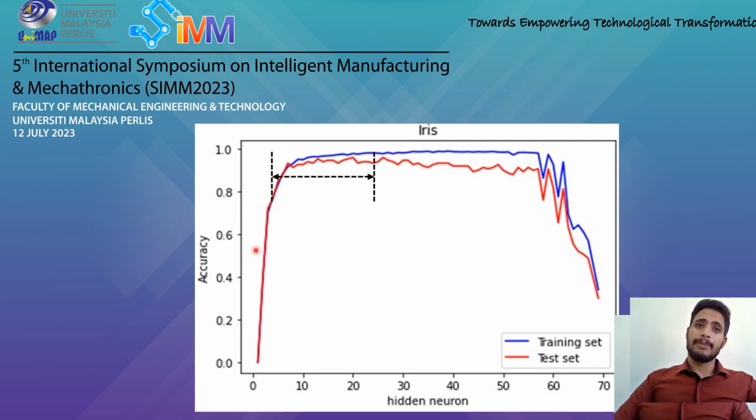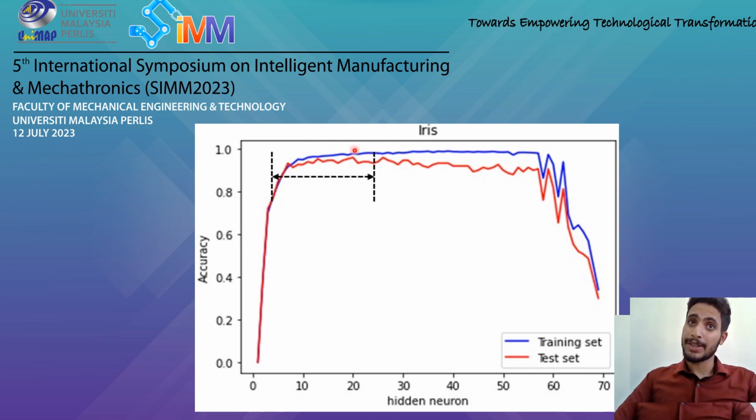So to explain here, the training set is shown by the green line and the test set by the red line. As we can see here, the training set and the test set go up at the same rate of learning until some point where the test set starts to stay under the training set.